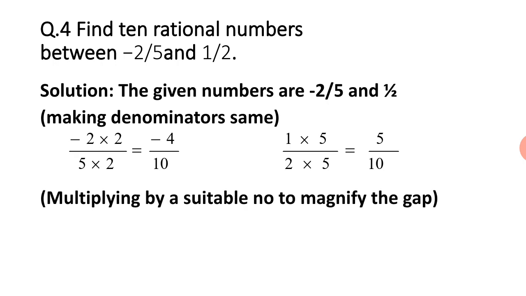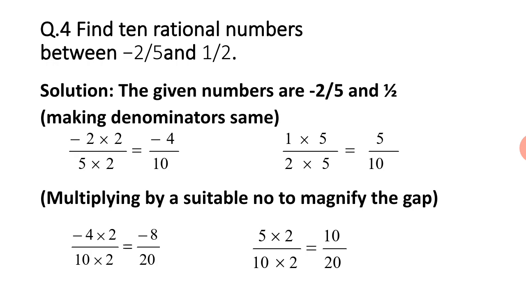So what we do? We multiply the given numbers, we find another equivalent to it, and this is how we magnify the gap between them. It's very easy. You select any number and multiply to the numerator as well as denominator.